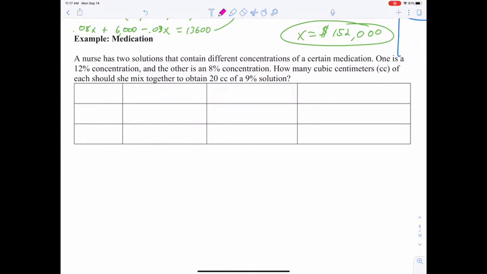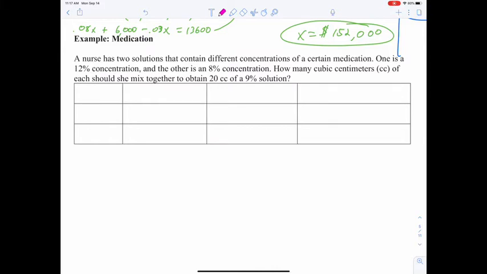A nurse has two solutions that contain different concentrations of a certain medication. One is a 12% concentration, the other is an 8% concentration. How many cubic centimeters, or cc's, so you probably hear that in medical shows, of each should she mix together to obtain 20 cc's of a 9% solution? Okay, so we have to read into this question.